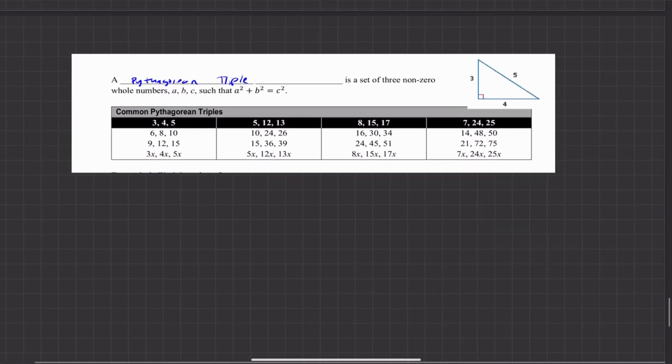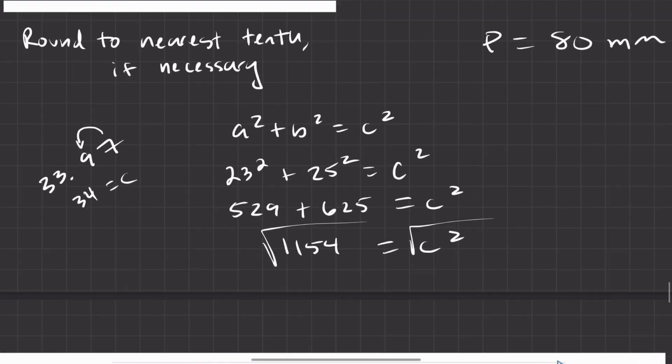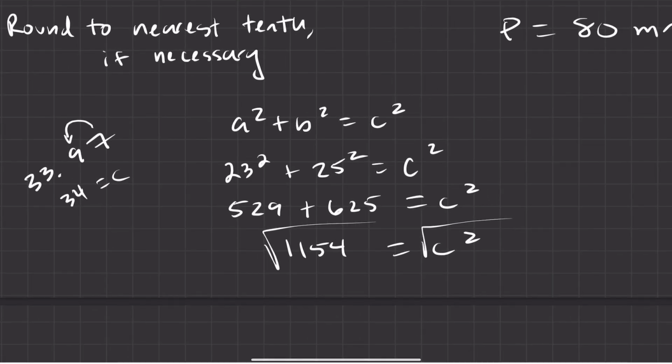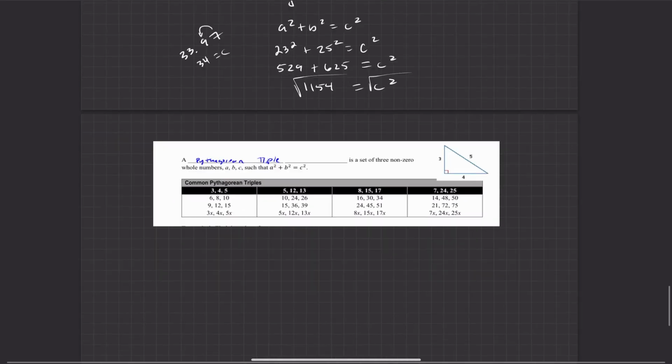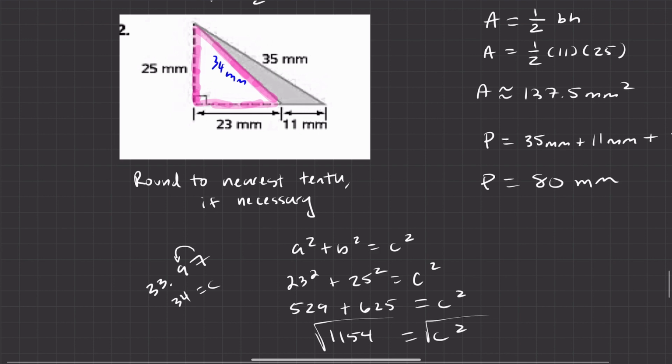Alright, and then when you're dealing with the Pythagorean theorem, perhaps there might be some triples that you can use instead of calculating the side length like we did over here. What we were dealing with, we couldn't use a triple. We actually had to find the side length.